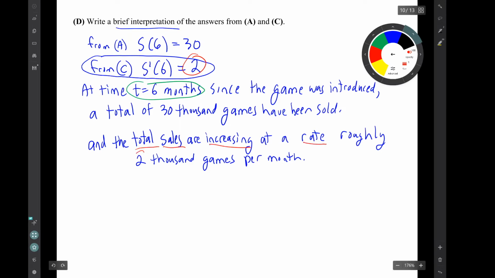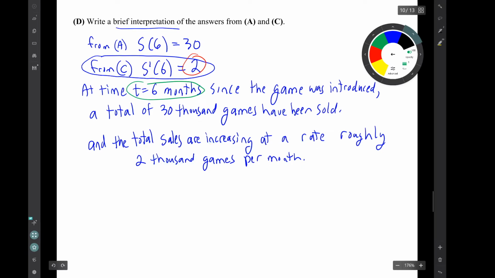And notice there's my 2, and there's the unit that goes with the 2, and the other unit is the unit that goes with the time. The unit of time is months. So when I give the interpretation, I mention the units of the rate of change. It's going to be the units of S of t divided by the units of t. So 2,000 games per month.